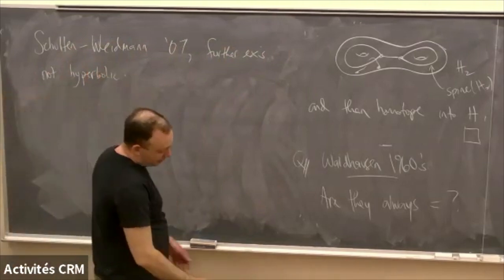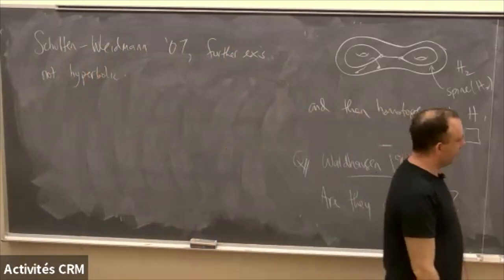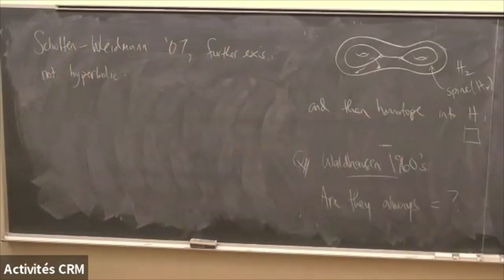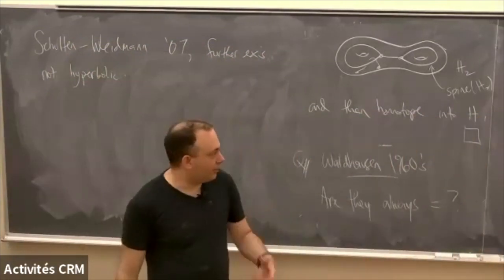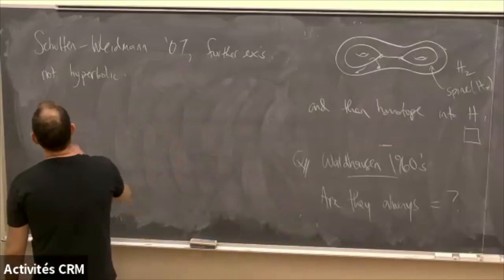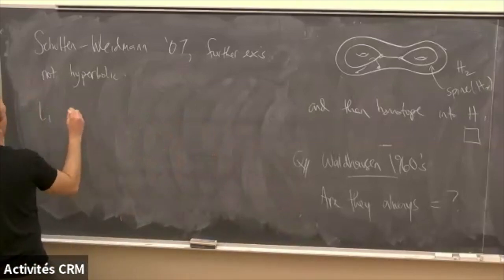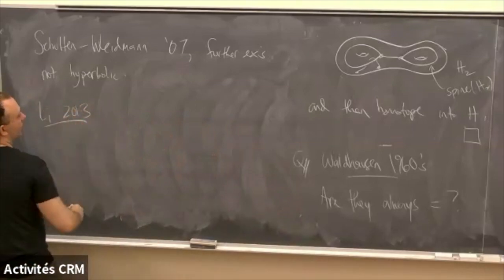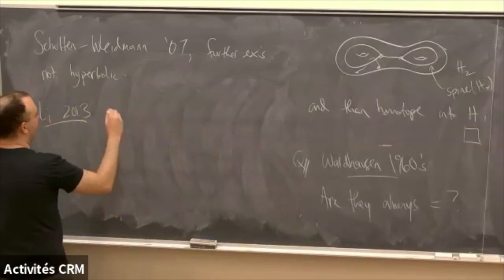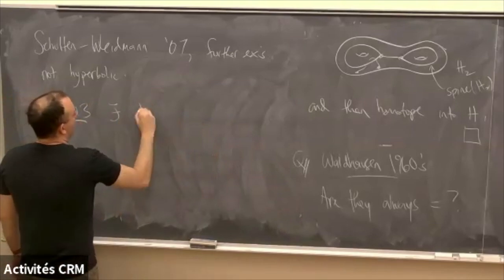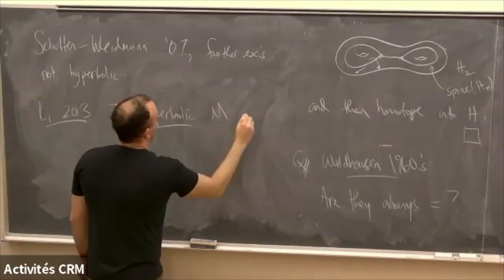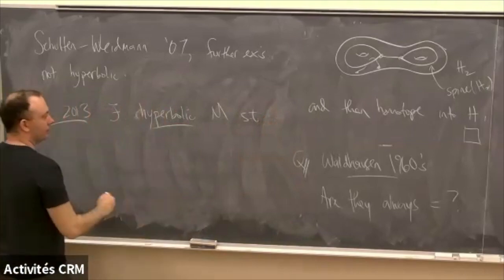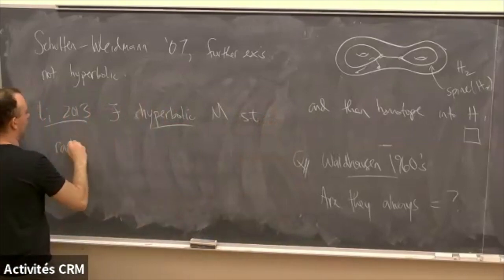A lot of hyperbolic geometers were unsatisfied by these examples and asked, is there a hyperbolic 3-manifold where the rank is not the genus? That was a topic of a lot of interest for a few years until finally Hass, Thurston and Wilson in 2013 showed that there are still examples. There are hyperbolic ones such that the rank is less than the genus.